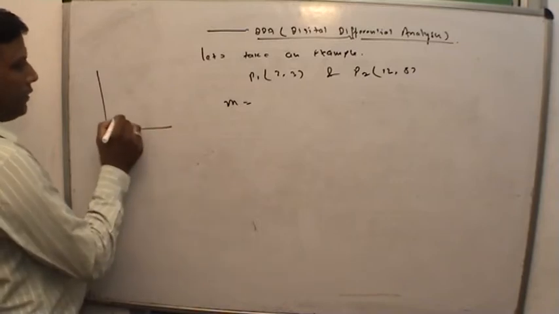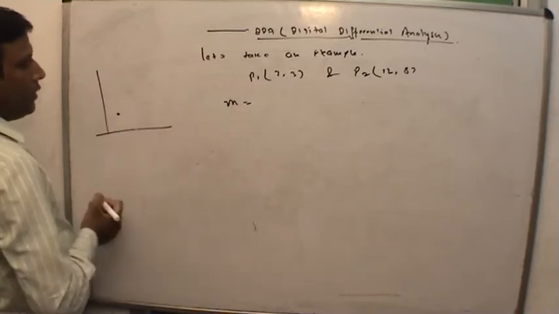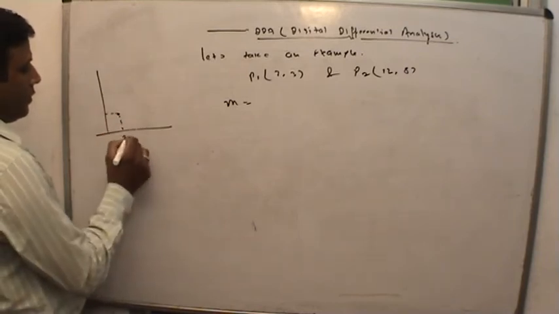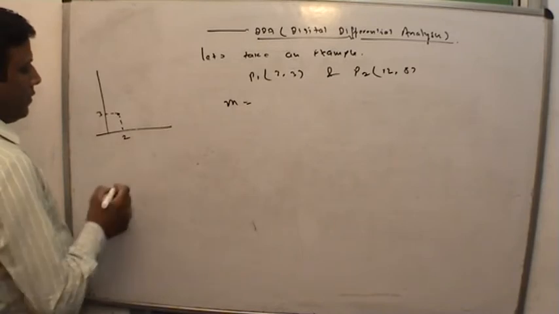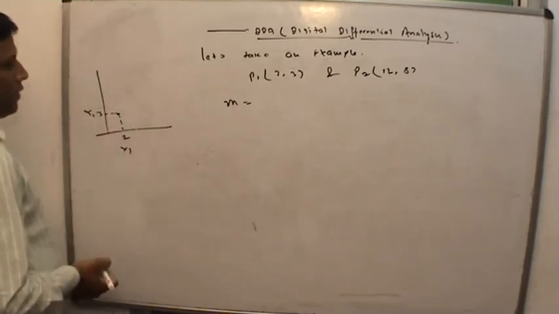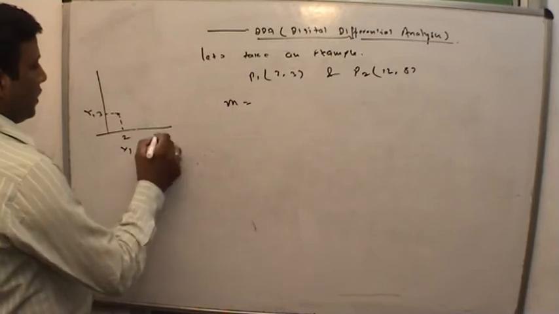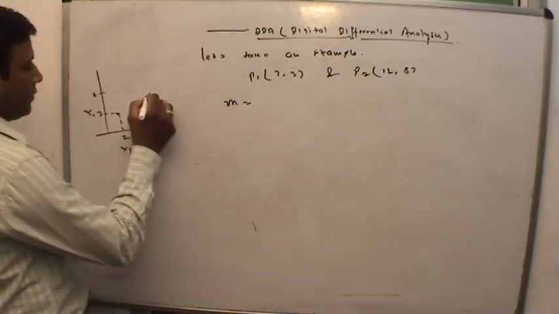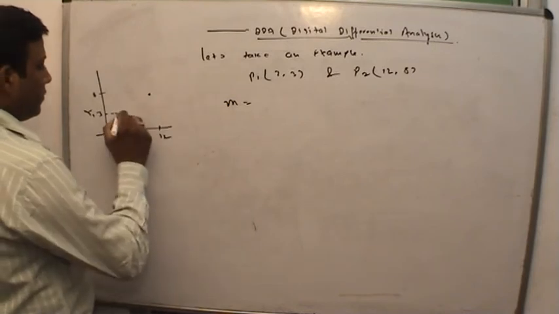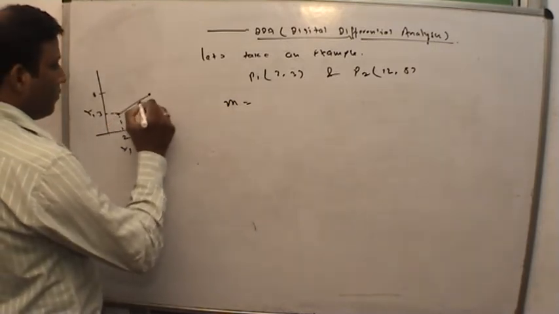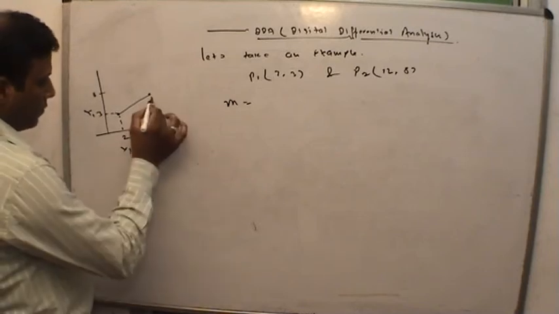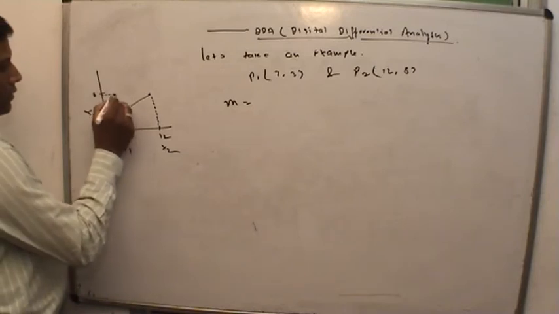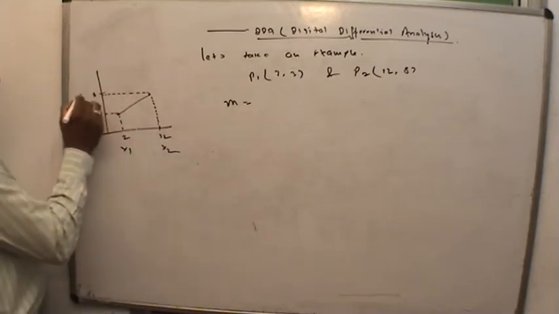Here we plot the point (2, 3) as x1, y1, and (12, 8) as x2, y2.